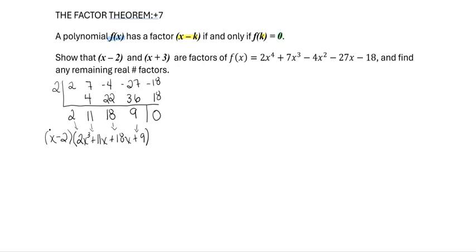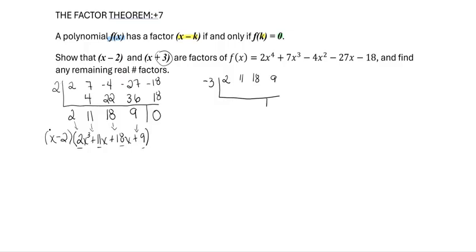Now I'm going to take these new coefficients right here and create a new synthetic division problem with x plus 3. But I have to change my sign to negative 3 from this positive 3, because remember I have to change my sign when doing synthetic division. And I'm going to put my new coefficients as 2, 11, 18, and 9.